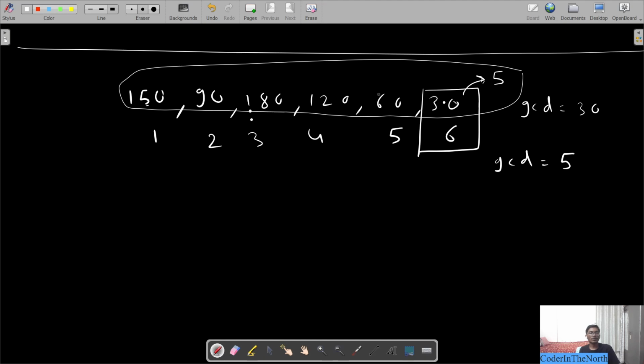Now instead of this, I'll try this. Consider that I have retained my 30 and never did an operation on the last index. So GCD of 5 and 60 is also 5. So for the whole new array, it will again be 5.